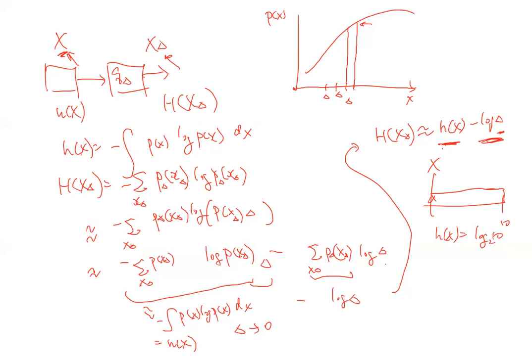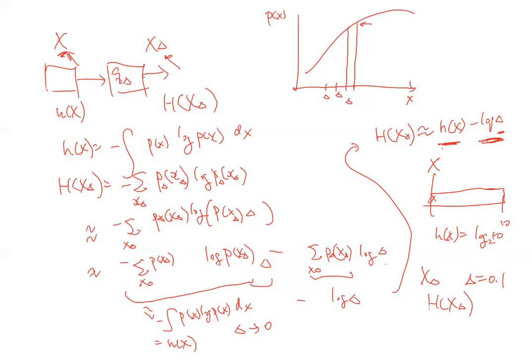Now, I cannot store the continuous value, but I can store the quantized value. If I quantize x into x delta, where delta is 0.1, how many bits are needed to store the quantized value?